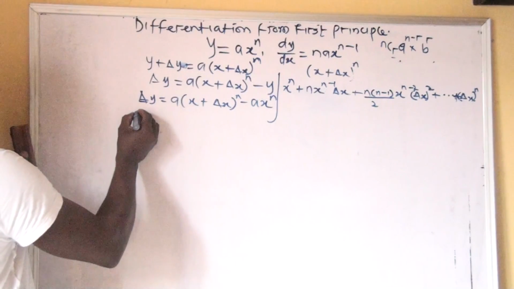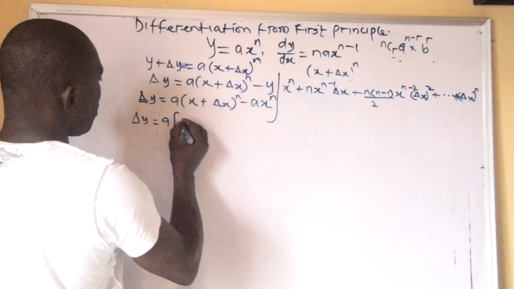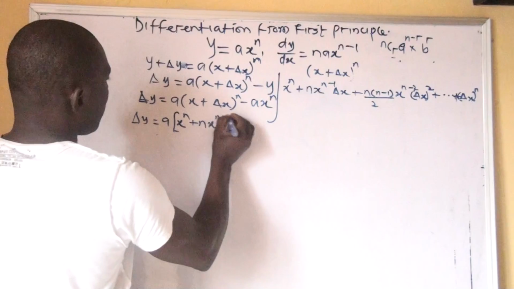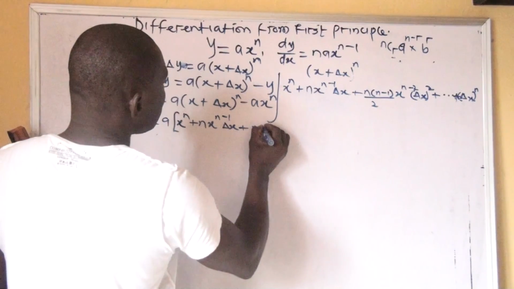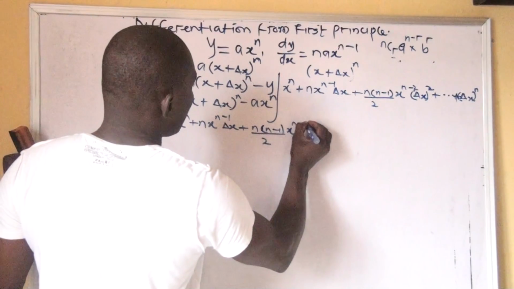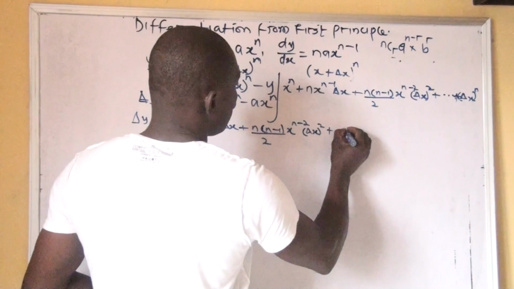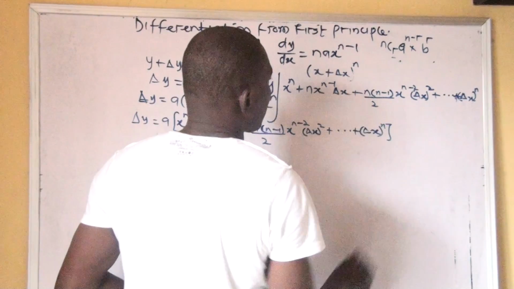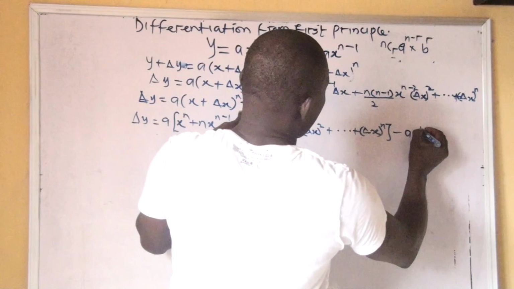So what will happen here is we have delta y is equal to, this a is outside, so all the terms here, we have x raised to power n plus n x raised to power n minus 1 delta x plus n into n minus 1 all over 2 x raised to power n minus 2 delta x all square plus, dots, plus delta x all raised to power n, with large bracket here, minus a x raised to power n.